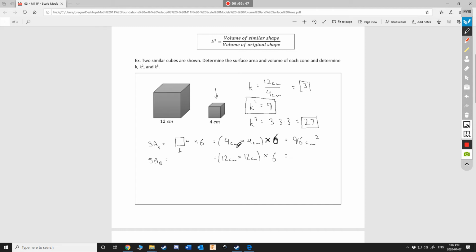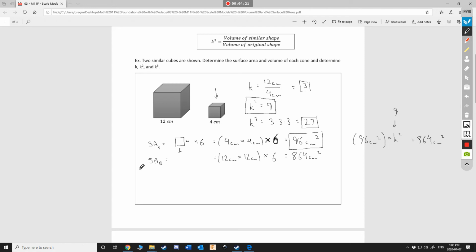So 12 times 12 times 6, you get 864 centimeters squared. But there's a different way. If I took the 96 centimeters squared and multiplied it by k squared, in this case k squared is 9, guess what it comes out to be? 96 multiplied by 9 also equals 864 centimeters squared.